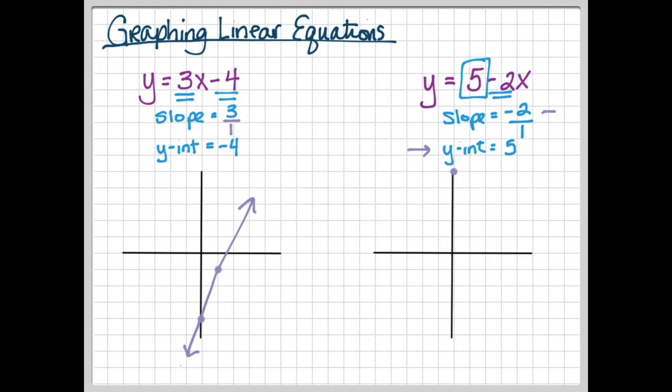We're always either going to move up or down, and then on the bottom you could move left or right, but I find that confusing sometimes, so I always move up or down according to the top value and always to the right on the bottom value. So we'll go down 2 and to the right 1, put our dot, and then connect our points with a line.